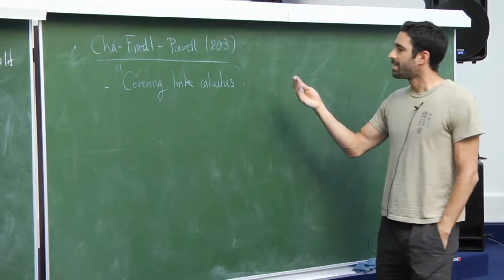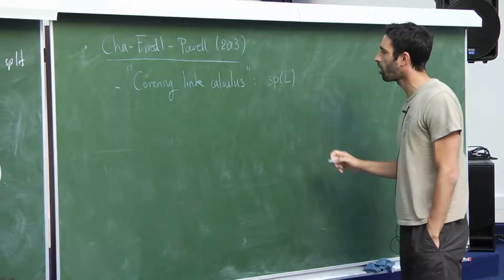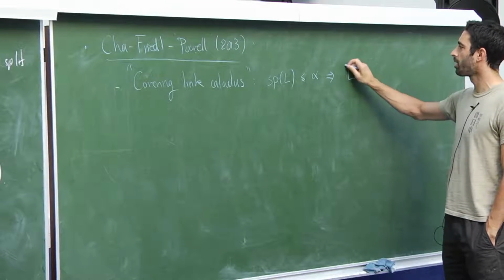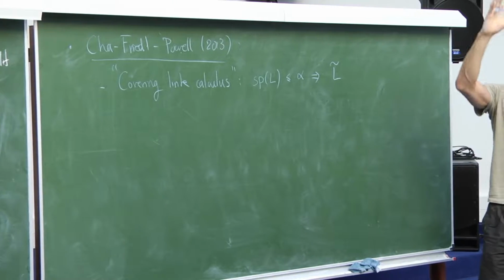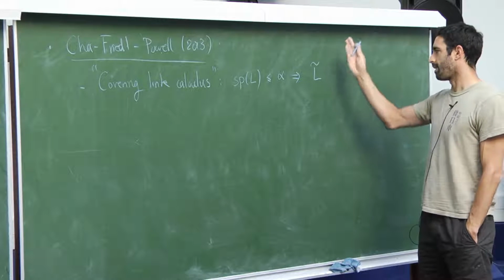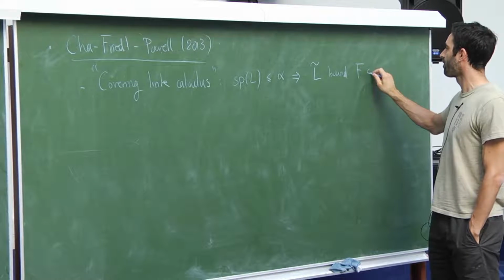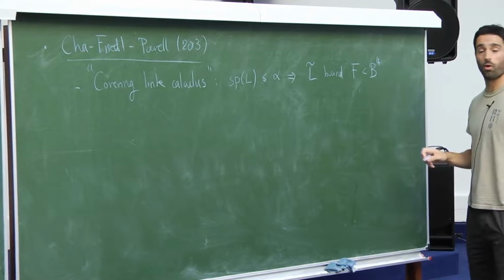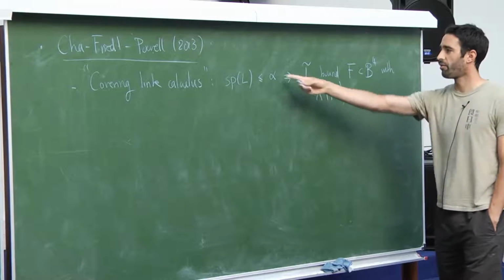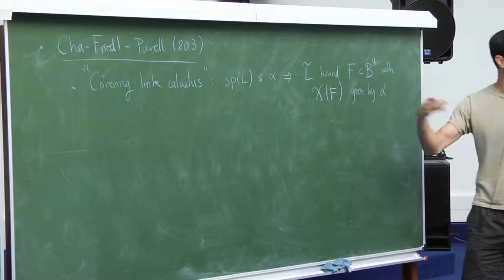I'm absolutely not going to be precise, but basically they said that if the splitting number is less than or equal to, let's say, some alpha, then this other link that I will call L tilde, that is in another manifold in general, well, let's say here in S3, L tilde will bound a smooth surface F embedded in B4 with the Euler characteristic of F given by alpha. So it's not equal to alpha, of course, it's a complicated thing.